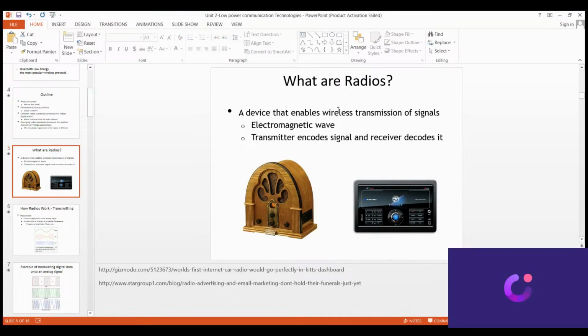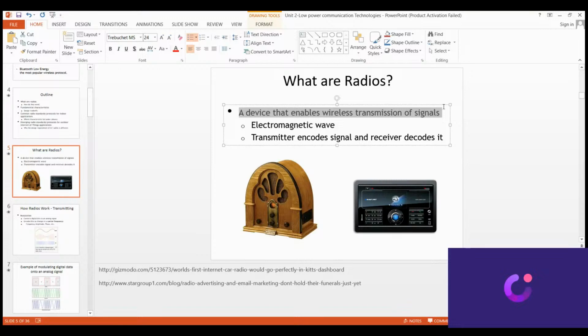So what are radios? We just hear about radios and so on, but you need to understand what these are. Basically, a radio is a device that enables you or anyone else to transmit signals wirelessly.